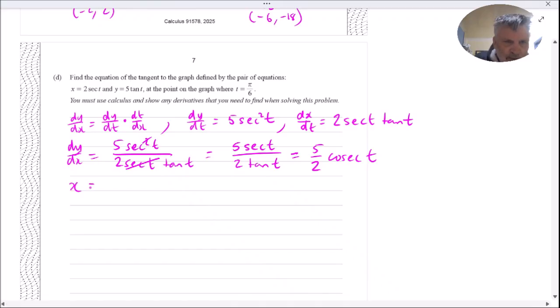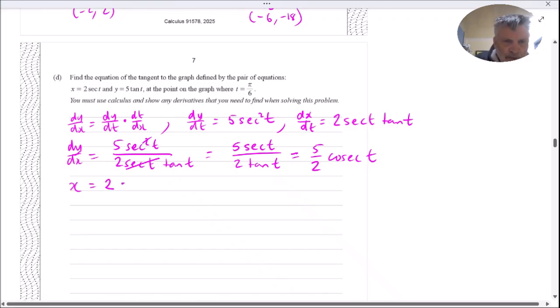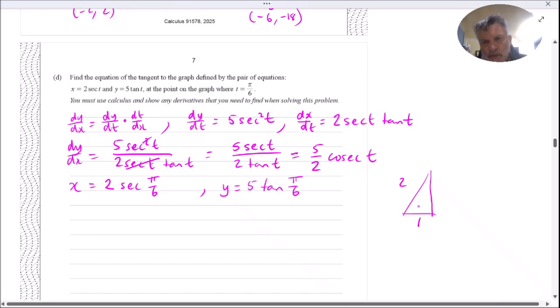So x is equal to 2 sec pi over 6, and y is equal to 5 tan pi over 6. Pi over 6 is one of our angles in one of our special triangles. If we have 1, 2 here, this is half of an equilateral triangle. We get root 3 up here. This is the angle pi over 6, 30 degrees, if you like.